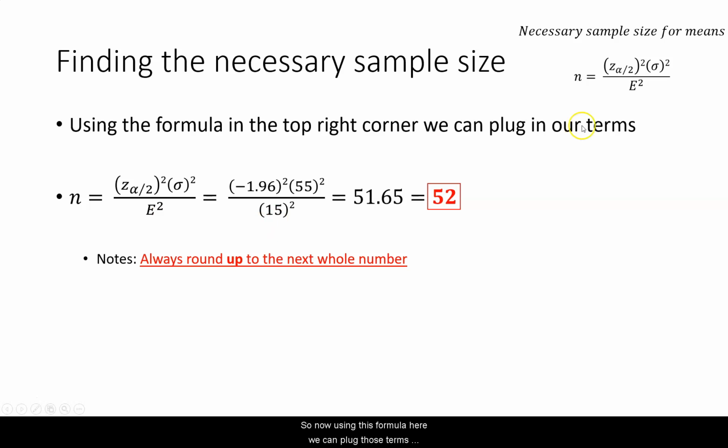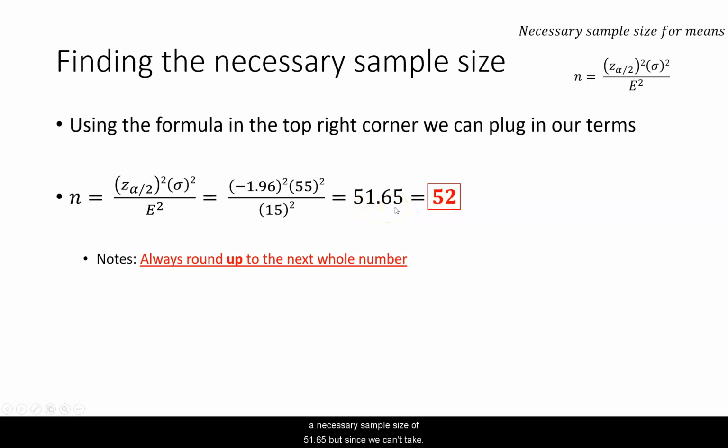So now using this formula, we can plug those terms in. We have negative 1.96 squared, so that negative sign will go away because we're squaring it, times 55 squared. And then we divide all of that by 15 squared, which gives us a necessary sample size of 51.65.